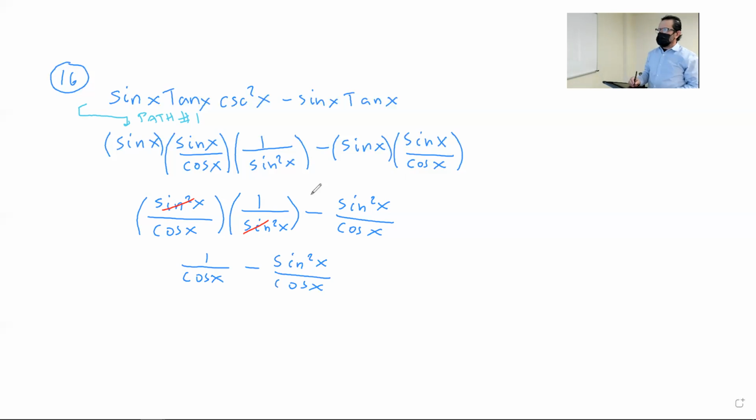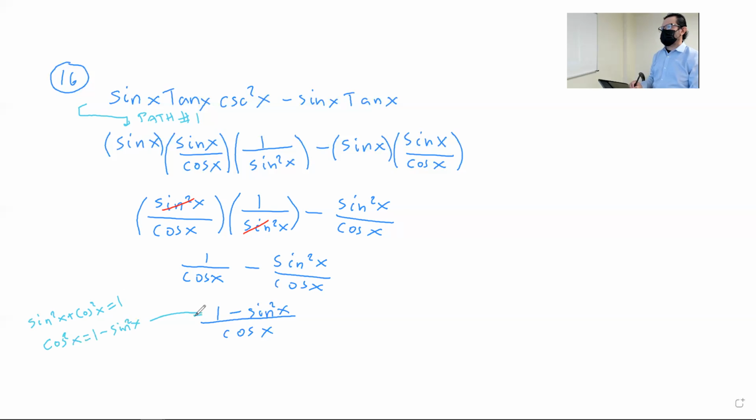We've got a common denominator here, so I can join those two, and I would get 1 minus sine squared of x divided by cosine of x. Here we know that sine squared of x plus cosine squared of x equals 1, then cosine squared of x is equal to 1 minus sine squared of x.